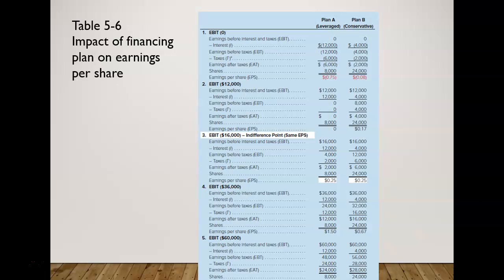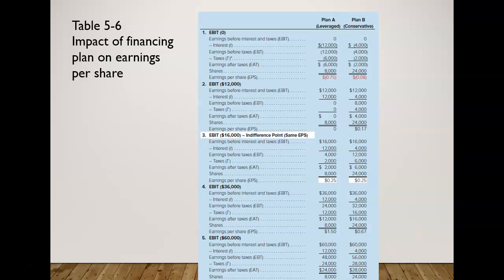At 12,000 units of sales, the earnings per share will be 0 for the highly leveraged firm. But the conservative firm is already showing earnings per share of 17 cents.